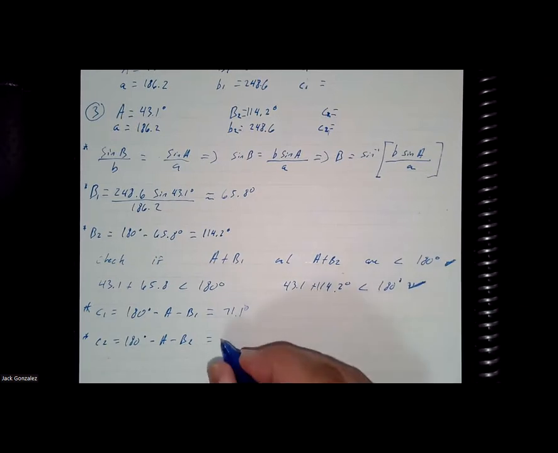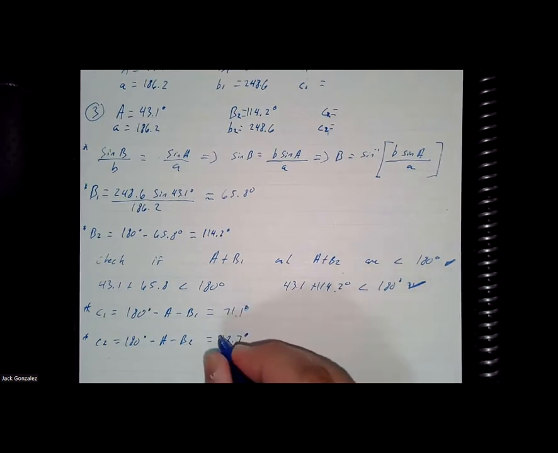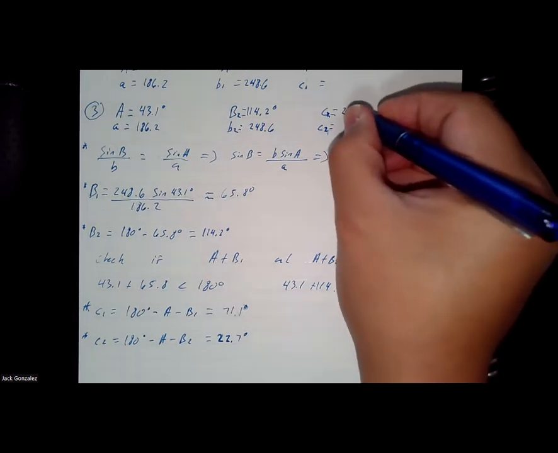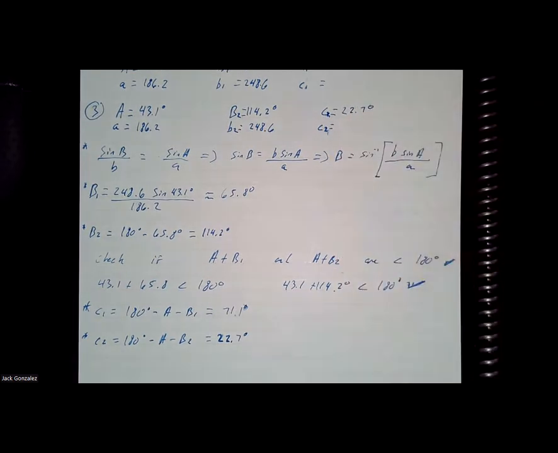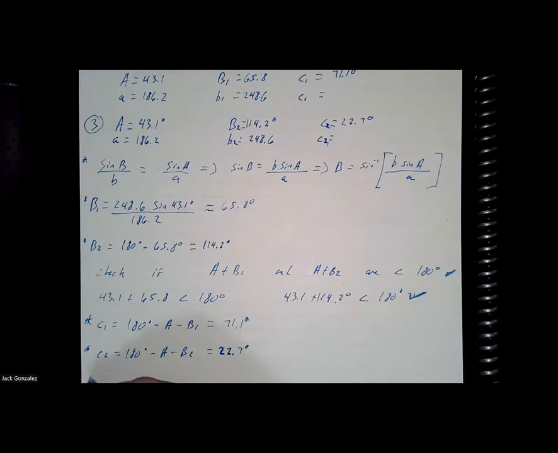So this would be 22.7 degrees. Okay. So all we need is the sides c1 and c2. The rest we don't have to really calculate at this point.